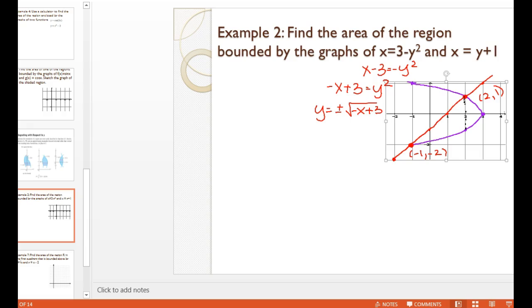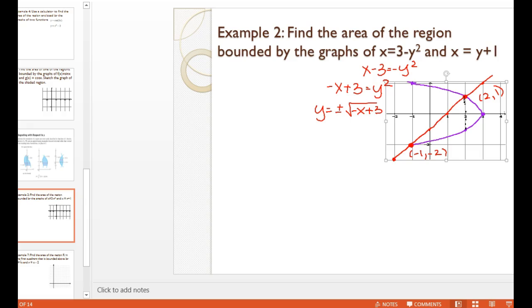And then here it's red over purple, so it would have been the line over the bottom of the purple square root. So that's really messy. You'd have to make 2 integrals and solve for your equations. Whereas if we simply do right minus left and integrate with respect to y, now the purple graph is always to the right.